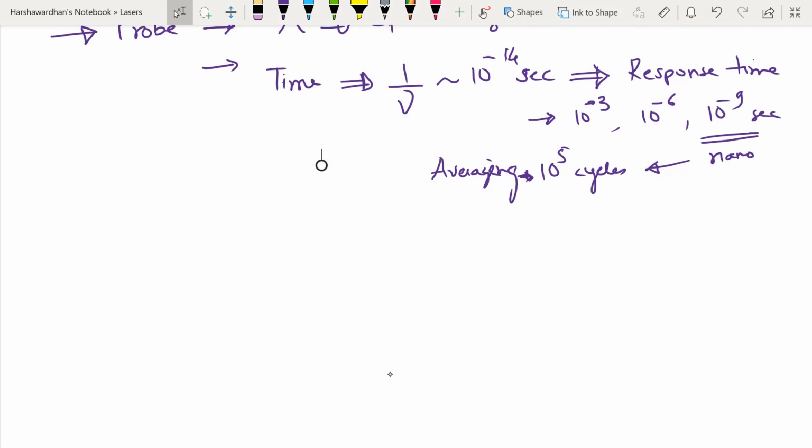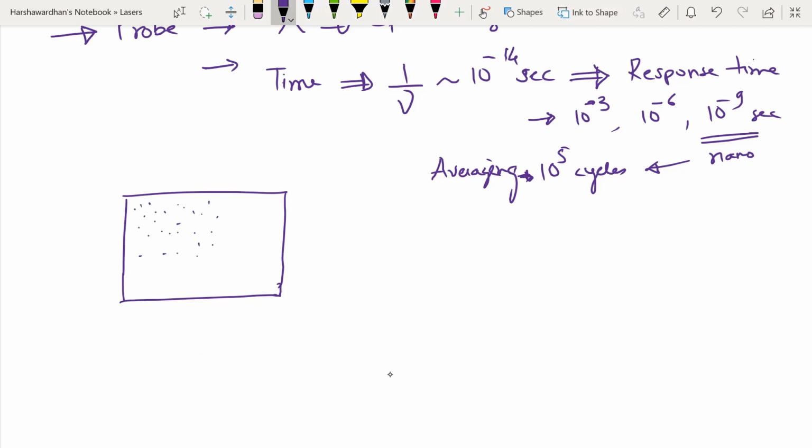So let me show you the way it is implemented. For example, I take my sample. This is a bulk sample, and what you have is a variety of charges and currents flowing around in such a material. At any point in space at this scale, the electric and magnetic fields are dramatically changing at this small scale.